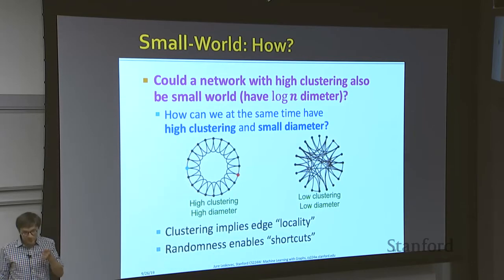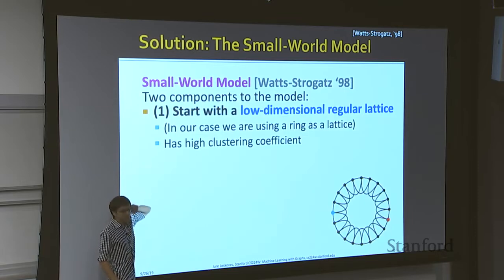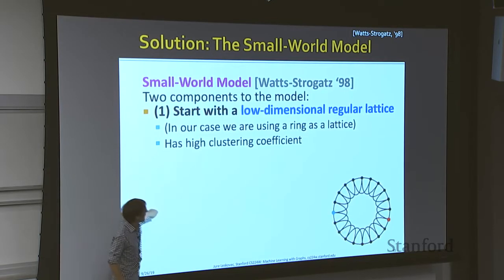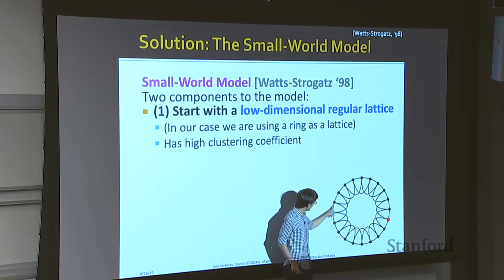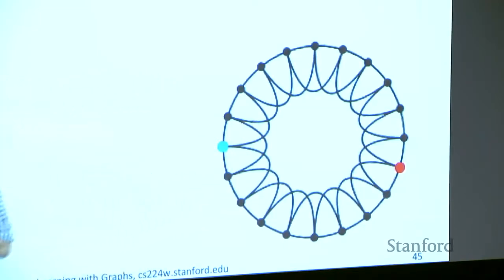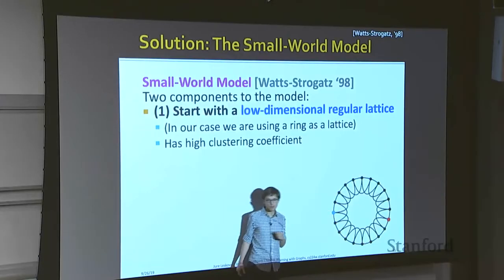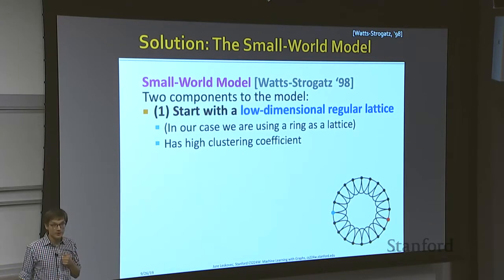And the solution is a very elegant model, which says, let's start with a low-dimensional regular lattice. So in our case, this would be nodes on a circle, where every node links to the two friends next to it, plus friends of friends. Okay, so this will now have a high clustering coefficient, because basically this has a clustering coefficient of 1.